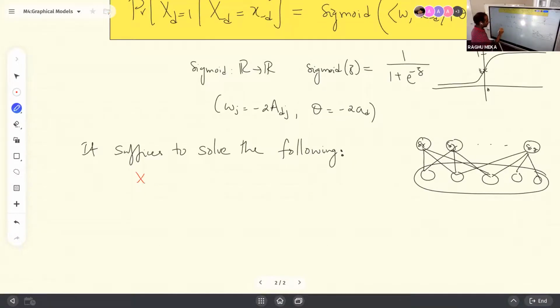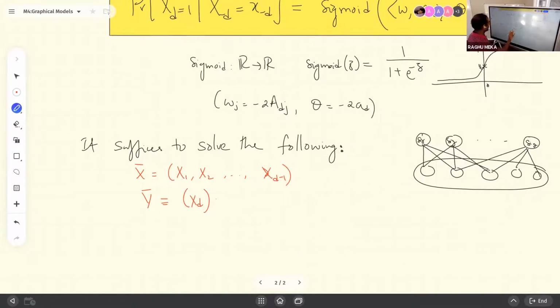So let's say x bar is x1, x2, up to x d minus 1, these should be uppercase letters. And y bar is just xd. Now I'm phrasing it as the logistic regression problem essentially.